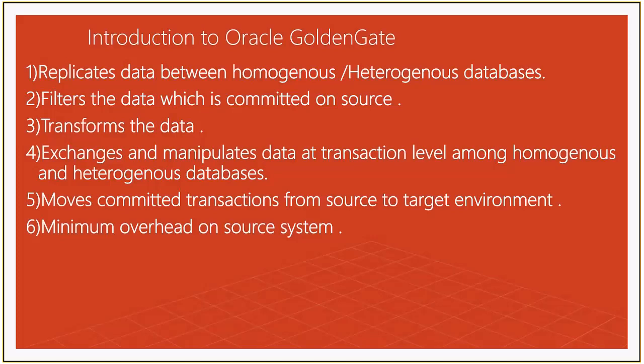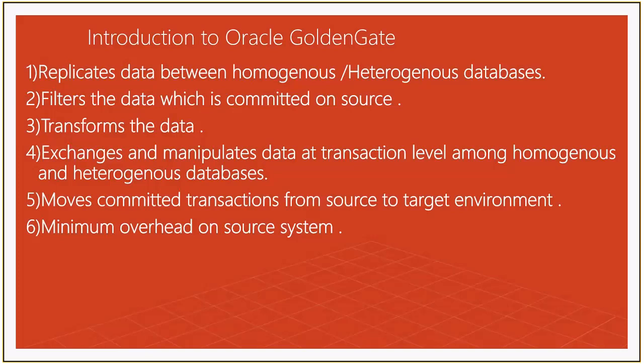Oracle GoldenGate has been very popular because of the reasons I have listed on the screen. The first one is replication of data between homogeneous or heterogeneous databases. It means that if I have to replicate data from Oracle to Oracle database, it is very much possible through Oracle GoldenGate software. Although Oracle has its own proprietary products that it used in the past, like Streams, they were not as popular as Oracle GoldenGate.